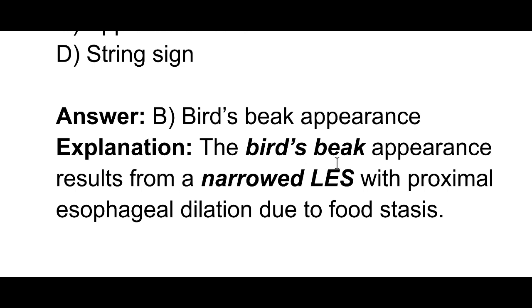It results from a narrowed lower esophageal sphincter with proximal esophageal dilation due to food stasis. Sometimes it is also called rat tail appearance or sigmoid appearance.